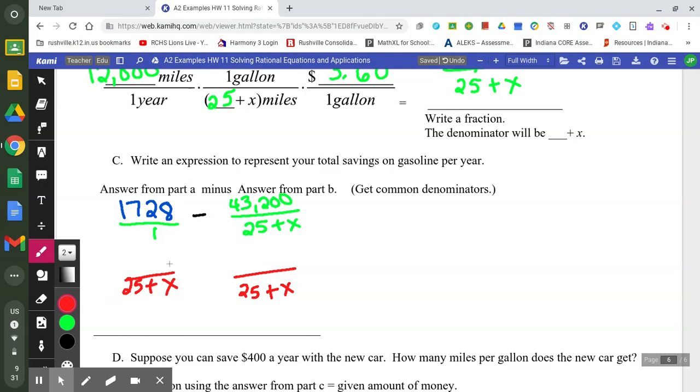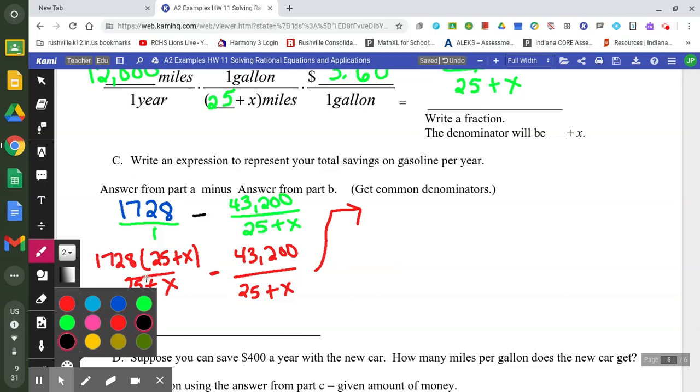And so to get from this 1 to this 25 plus X, I'm multiplying times 25 plus X. So I've got the 1,728 that I already started with times 25 plus X. And then I'm going to be subtracting that 43,200. So I don't have room, so I'm going to come up here to finish it out. So if I do 1,728 times 25, that gives me 43,200.